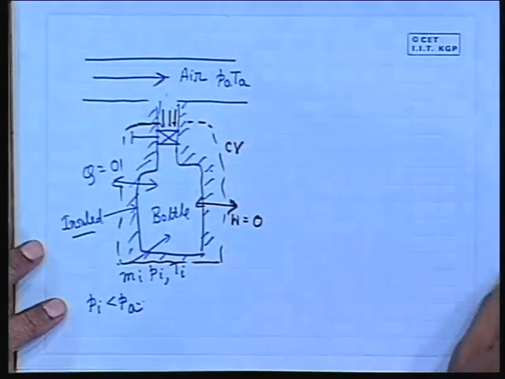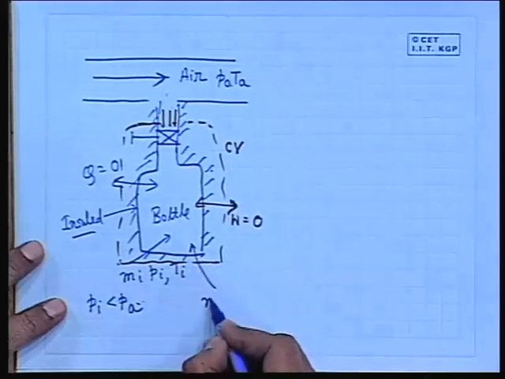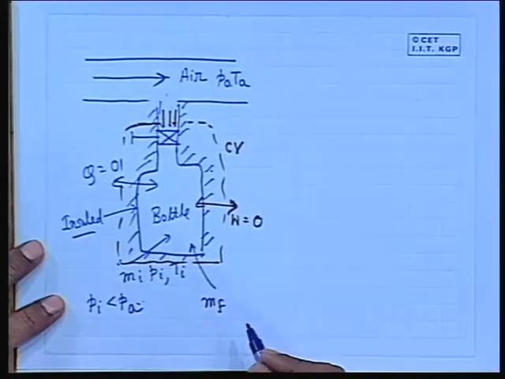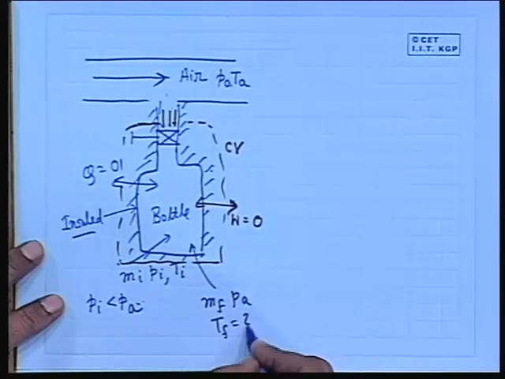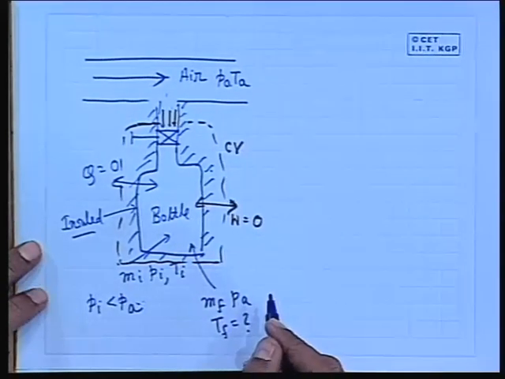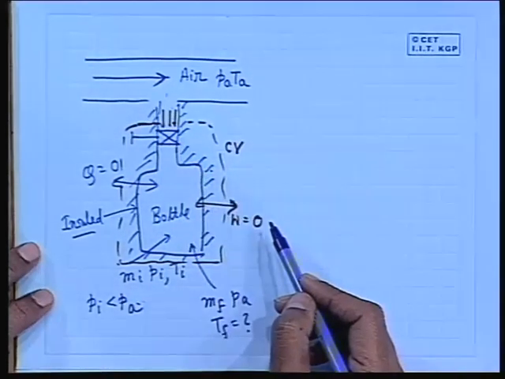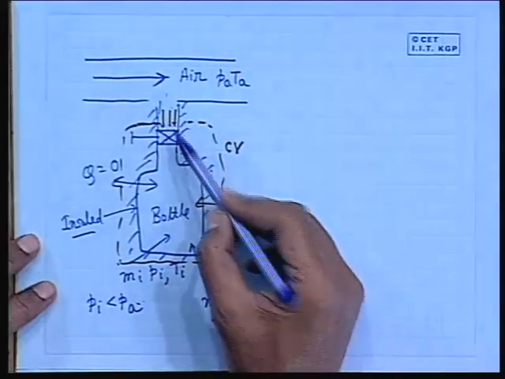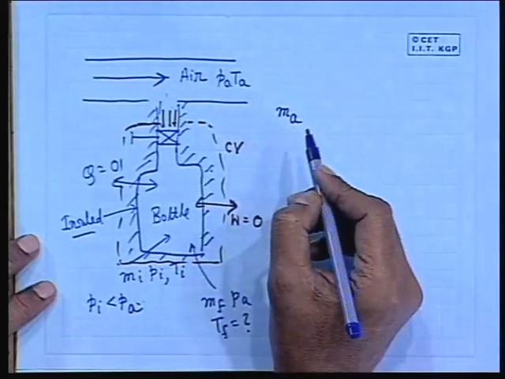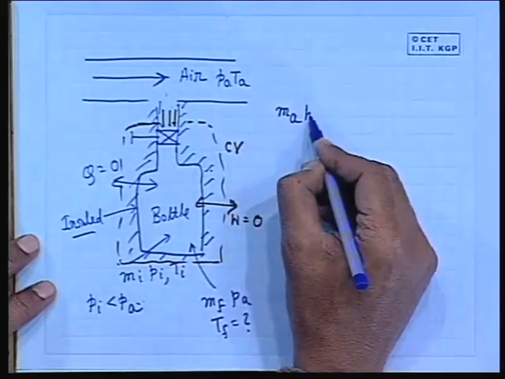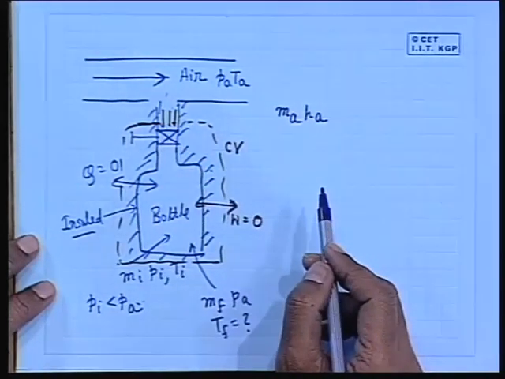Let us consider at the end of this process, the mass in the bottle is Mf, pressure is automatically Pa, and what is this? This is to be found out. Now what is the energy influx to this control volume during the entire process? It is the mass of the air which has come, let this be Ma, times the specific enthalpy of the air associated with this pressure and temperature.